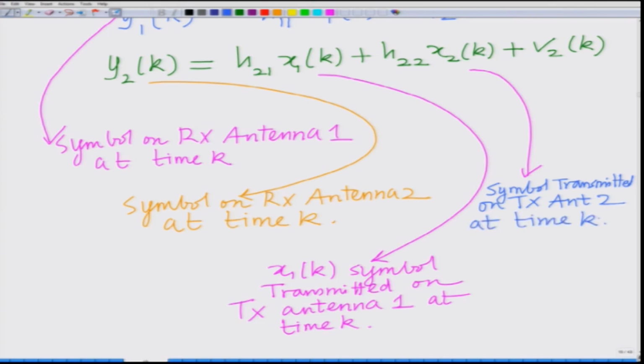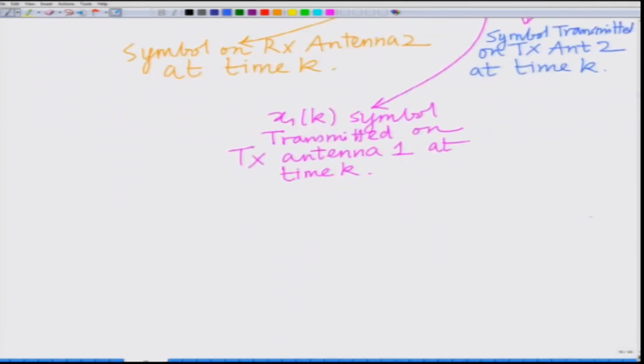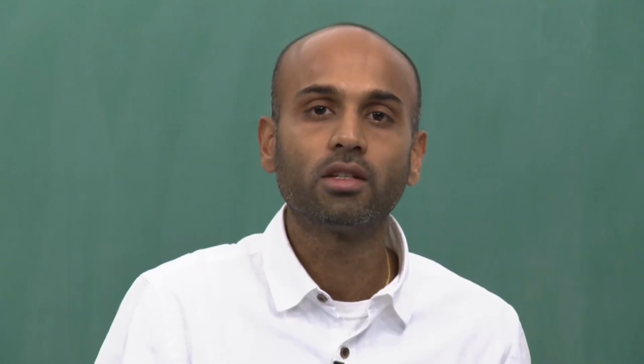at time k, and similarly your v1 k and v2 k are the noise samples on receive antennas 1 and 2 at time instant k. Okay.